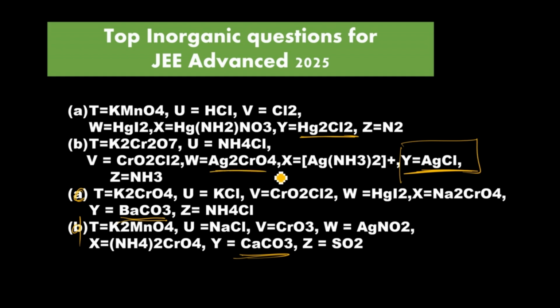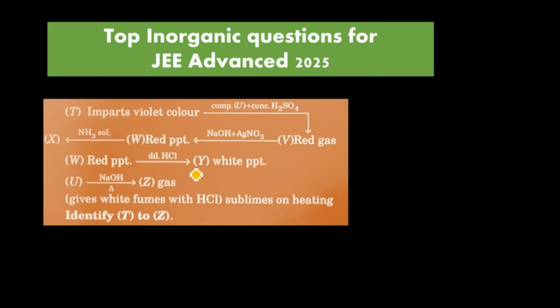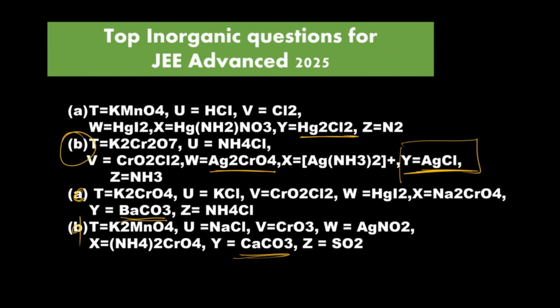So only one option matches with W, that is option B. Let's check the remaining also. Z is the gas from U. Z is N2 in the first option, ammonia, ammonium chloride, and SO2. So option B takes all the possibilities without proceeding through the reaction part.